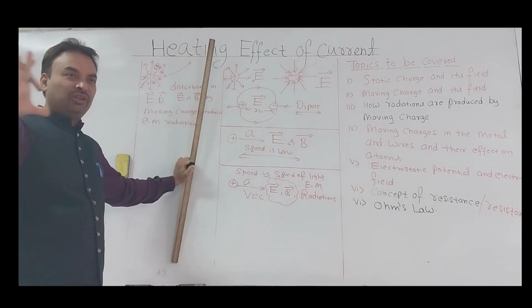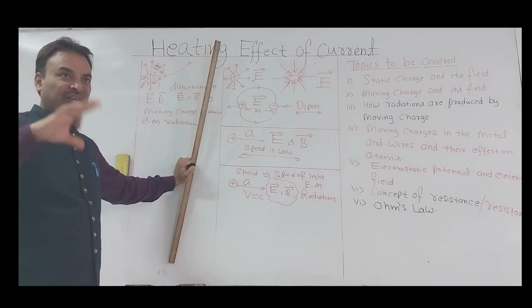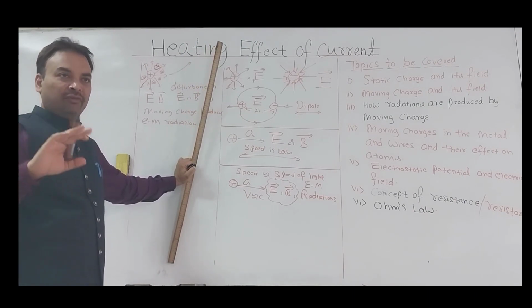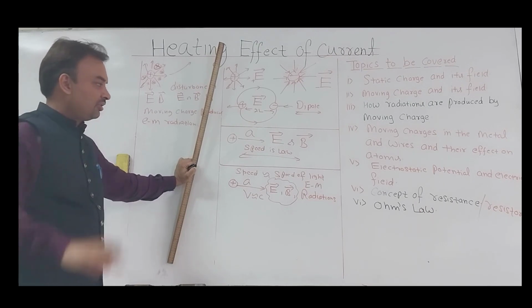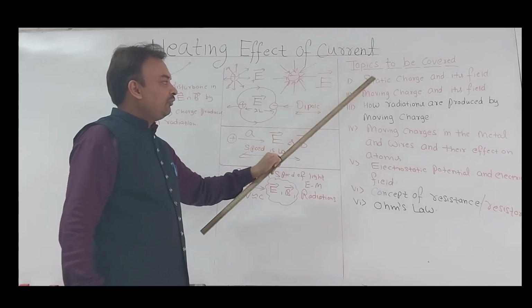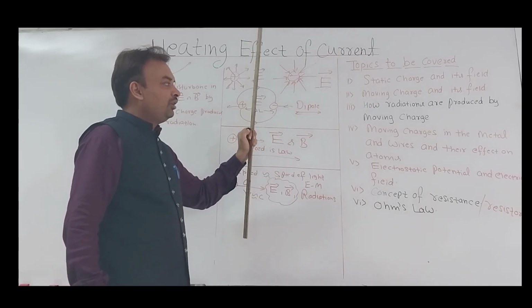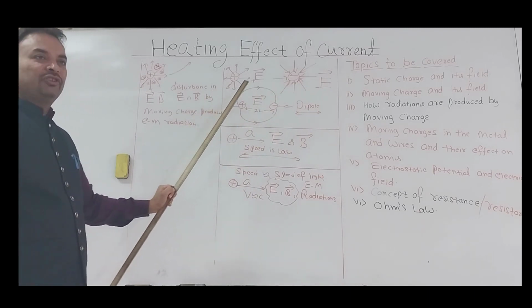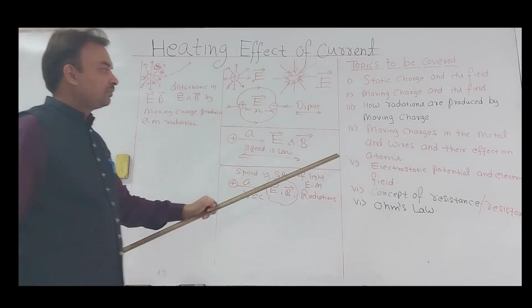The moving charge disturbs the two vectors, electric and magnetic, and due to that disturbance we get electromagnetic radiation, right? So a static charge produces an electric field, a moving charge produces a magnetic field, and radiations are produced basically by the disturbance produced in the electric field.